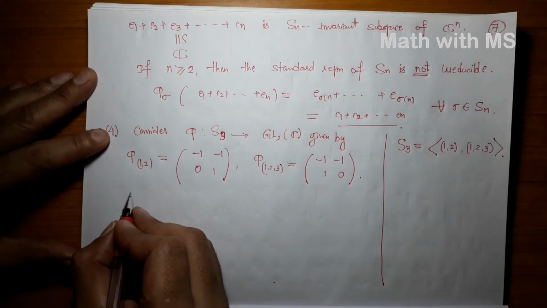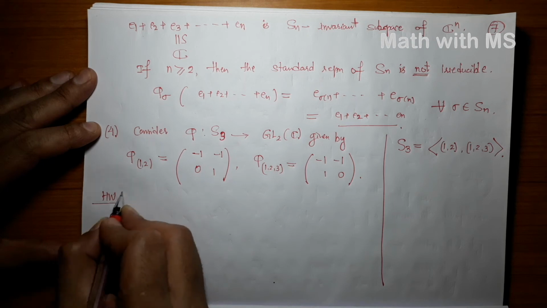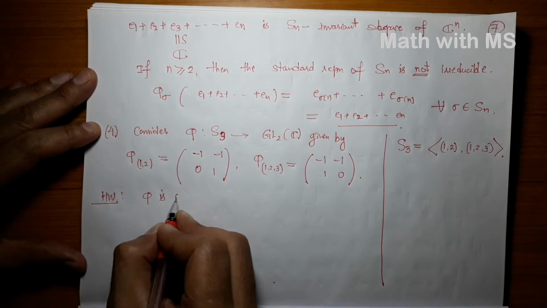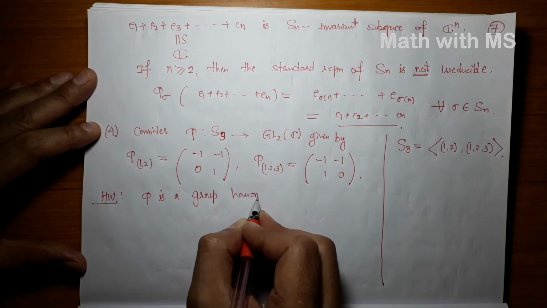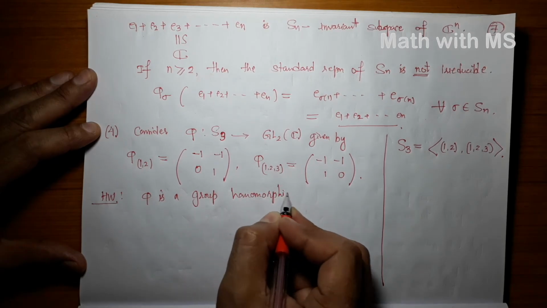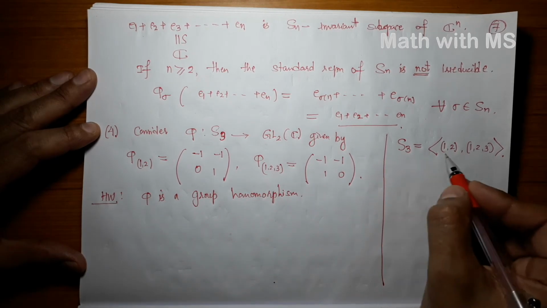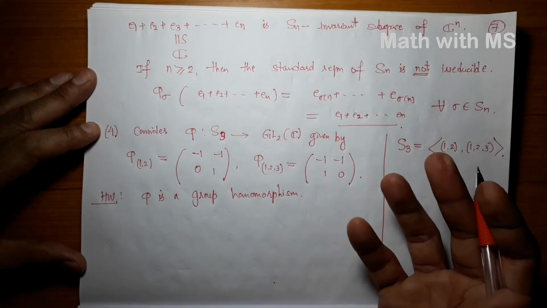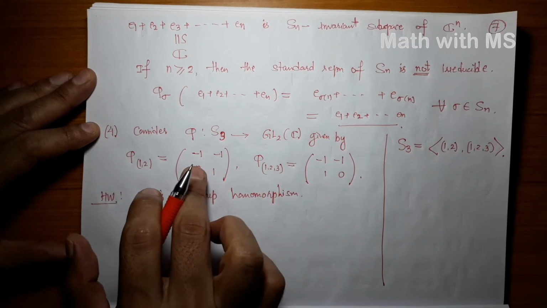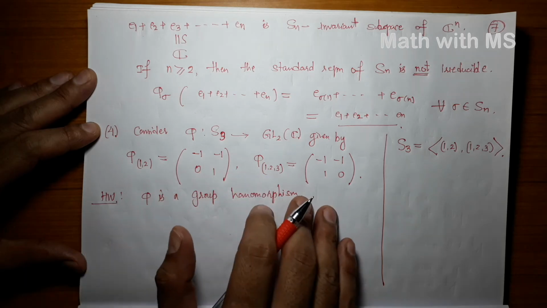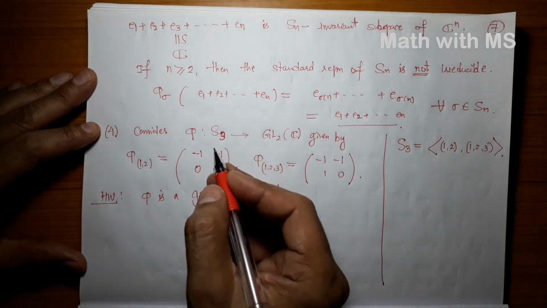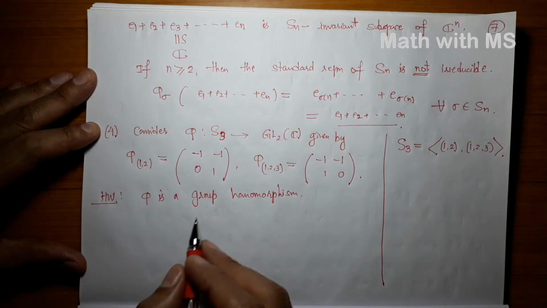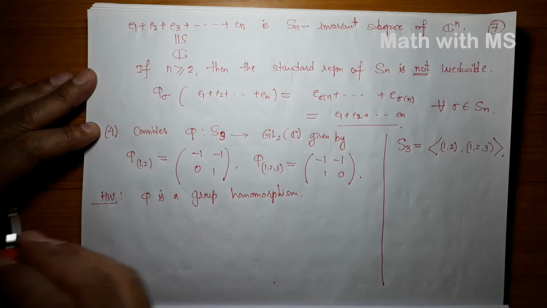I leave it as homework for you to check that phi is a group homomorphism. You see S3 is generated by these two elements, but there are some relations that need to be satisfied. You need to make sure that those relations are satisfied here, right? So phi is a group homomorphism, so phi is a degree 2 representation of the symmetric group on 3 letters.